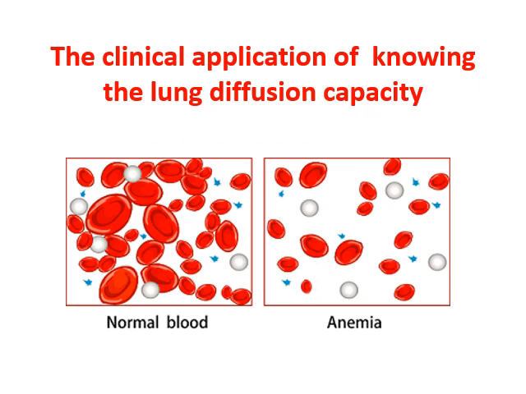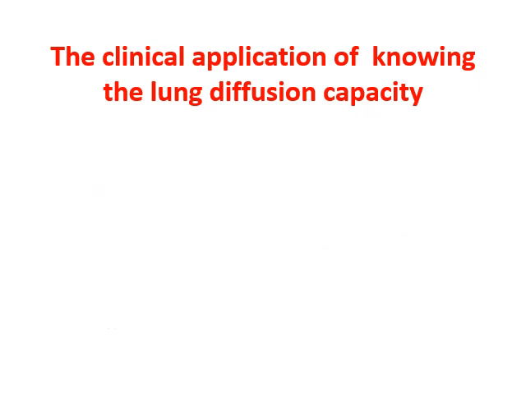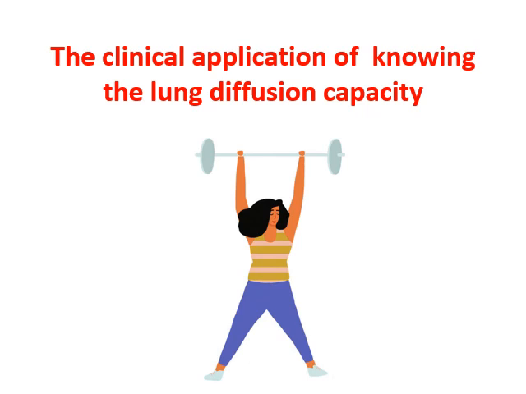In anemia, the lung diffusion capacity decreases because the amount of hemoglobin in the red blood cells is reduced. Also, exercise is another clinical application, as during exercise, the lung diffusion capacity increases because additional capillaries are perfused with blood, which increases the surface area for the gas exchange.